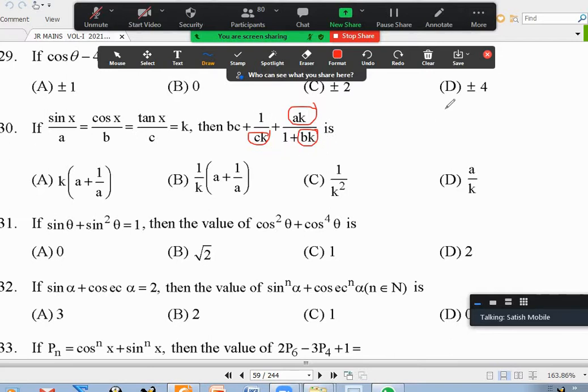So this 1 by CK will become 1 by tan x. 1 by tan x will become cos by sin. This will become sin x by 1 plus cos x. Anybody have a doubt about 30? No doubt, sir.